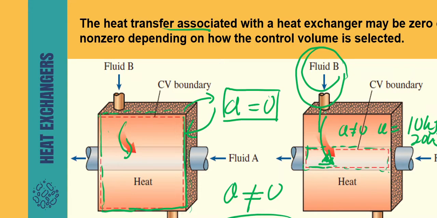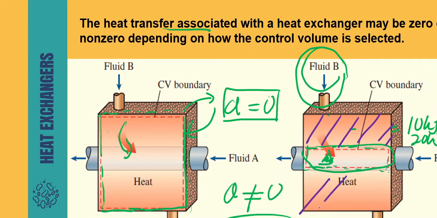So let's say this is where fluid B goes outside this pipe in the box. If you select, let's choose a different color. Okay, if you select fluid B as your system, this is your system, the purple one.